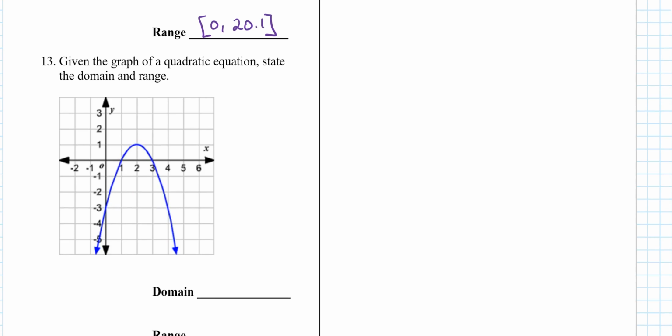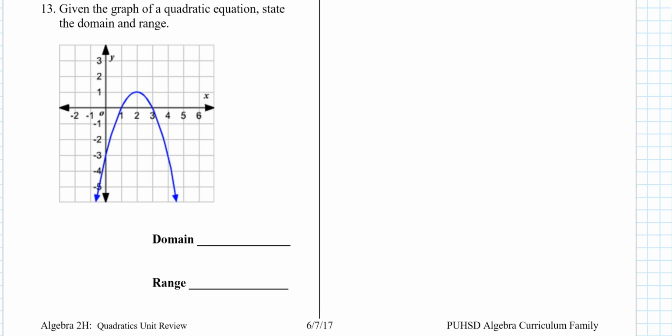13. Given the graph of a quadratic, state the domain and range. This one is just a regular graph. There's no context behind it. So we're just going to simply look at the graph and state the domain and the range. Domain is x values, range is y values. We know that for any quadratic not in a specific situation, the domain is always going to be negative infinity to infinity, all real numbers.